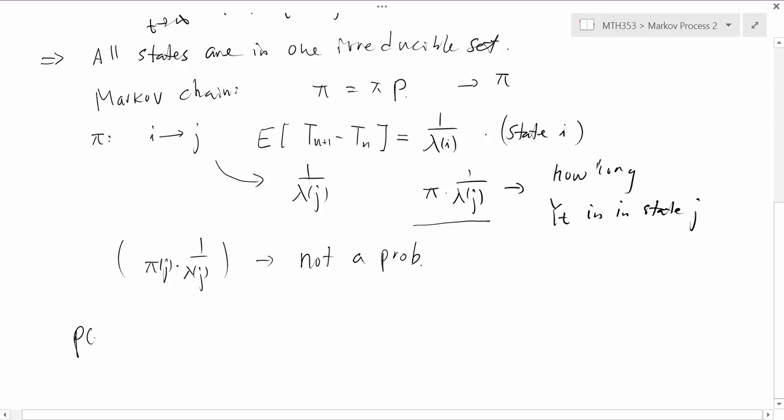So P_j, the long run fraction of time the system stays in state j, is the following.